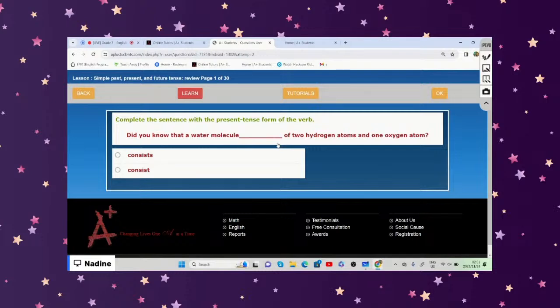So we need to say if it's consists or consist. Did you know that the water molecule consists of two hydrogen atoms and one oxygen atom?